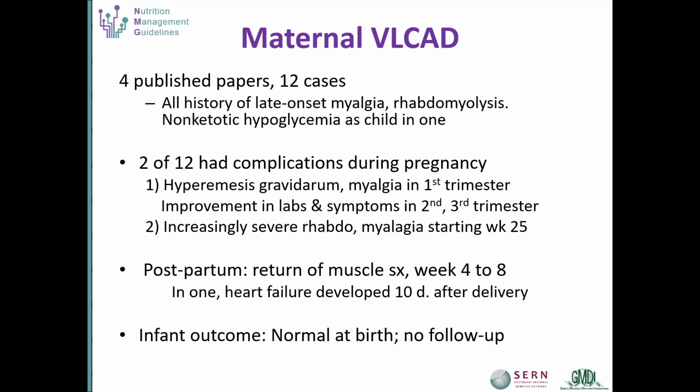So 2 of these 12 pregnancies had complications during pregnancy. One woman had hyperemesis gravidarum, muscle aches in the first trimester, but then actually saw improvements in labs and symptoms in the second and third trimester. In contrast, another woman had increasingly severe rhabdomyolysis as pregnancy progressed.